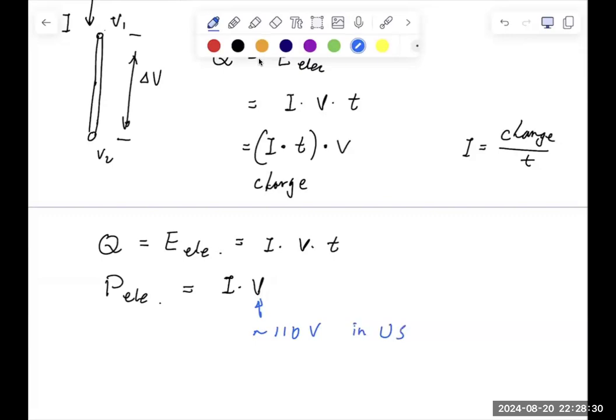So you can estimate how much current your appliance will need.